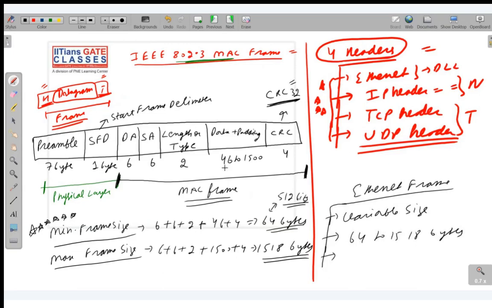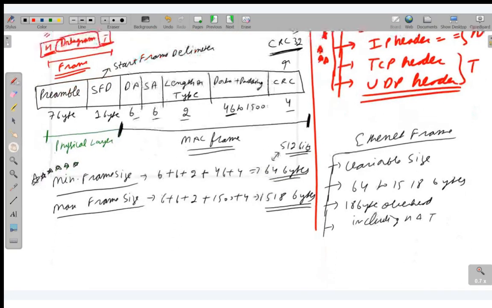So what is the overhead? With 46 byte data, the overhead is 6 plus 6 plus 2 plus 4, that is 18 byte overhead, including header and trailer. The header overhead is 14 byte, and the trailer is 4 byte.